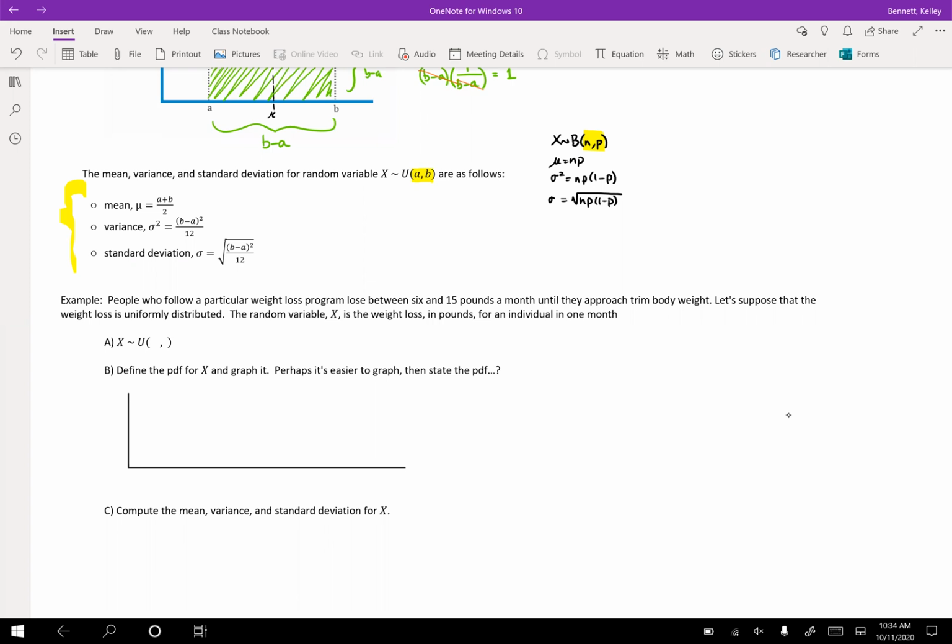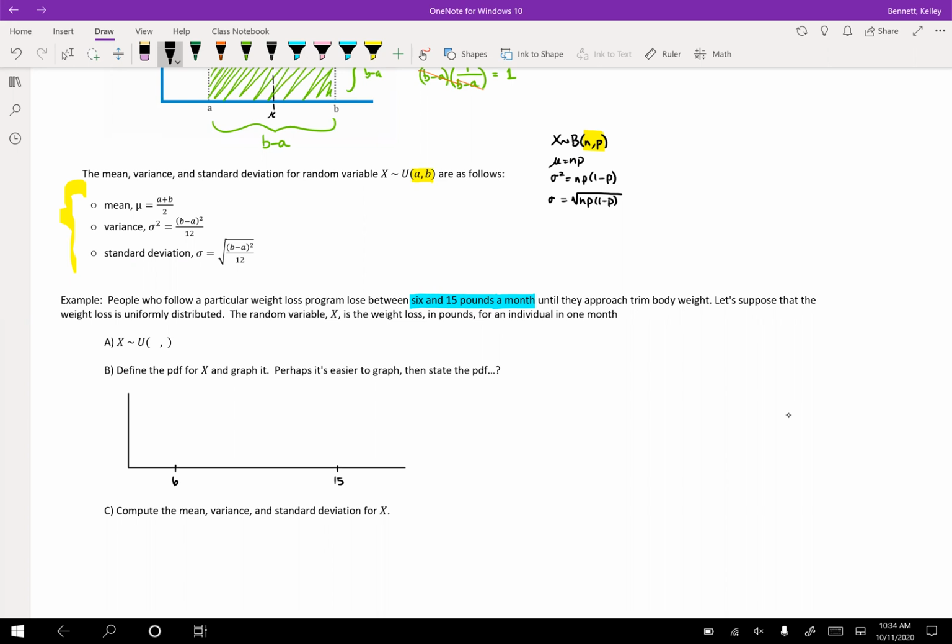So when we are working with a uniform distribution, we really need to know what our starting point and our ending point is. Because our random variable is the weight loss in pounds, it's going to be 6 and 15. Without worrying about whether or not this is to scale, I'm going to mark 6 and 15. This is where I'm going to have the height of my PDF.